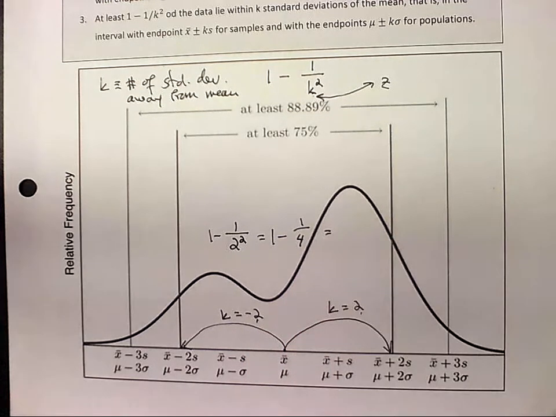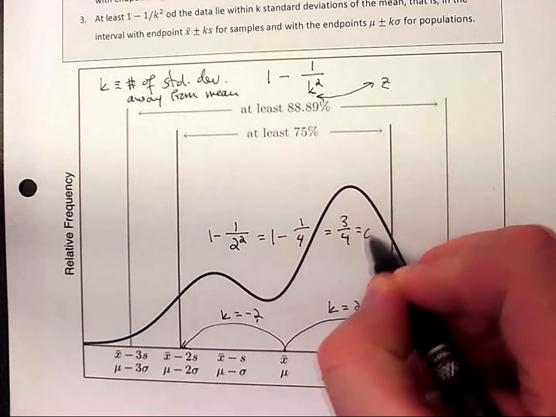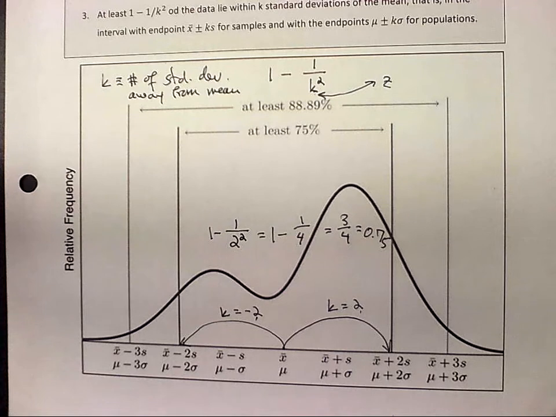So that's going to be equal to what? Yep, it's 3/4, which is the same thing as 0.75. Right? And that's exactly what it says up here. Between these two cutoffs, we have at least 0.75 of our data. Right? Is everybody good with that? Everybody good with now how we got that 75% or 0.75?